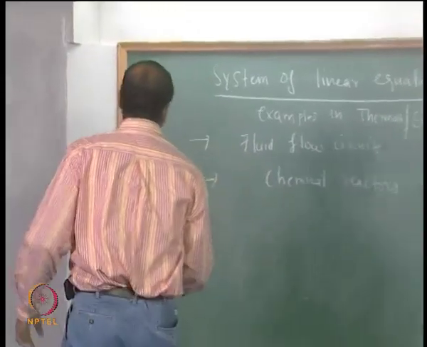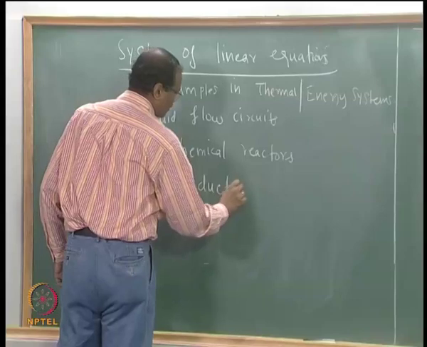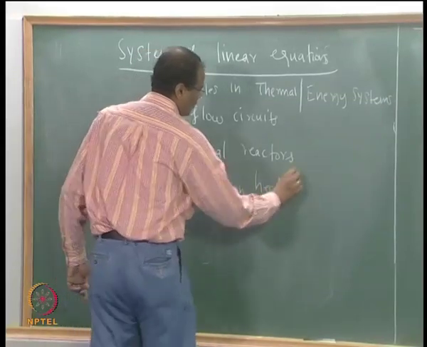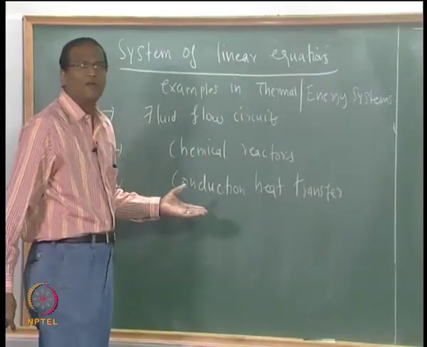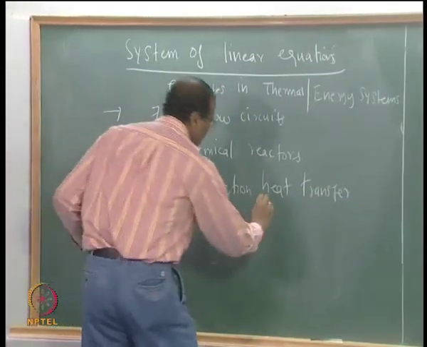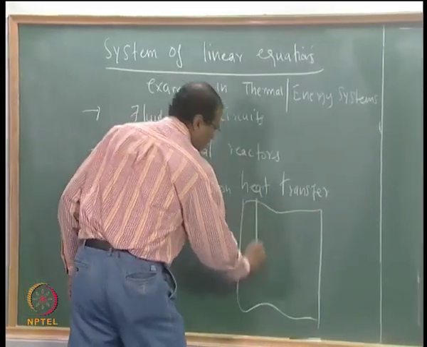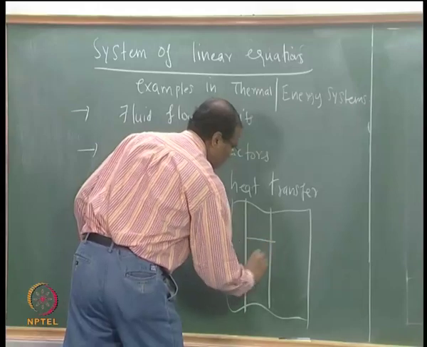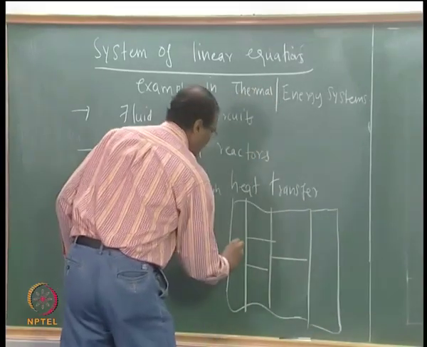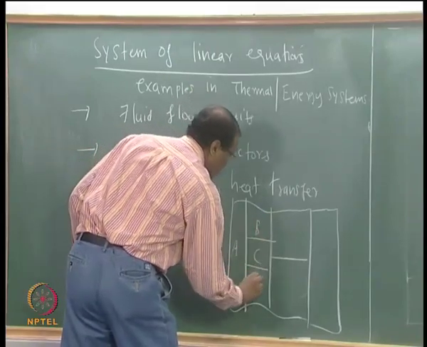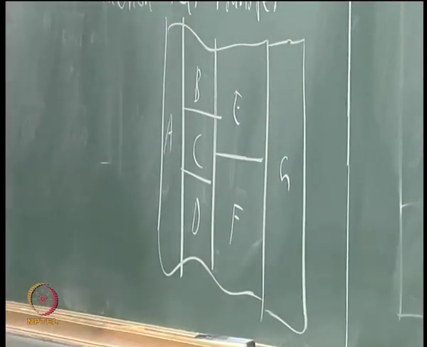Then conduction heat transfer, where do you get it in conduction heat transfer? I have a composite insulation, I have material A, B, C, D, E, F, G. There are various materials of different thicknesses and thermal conductivities.